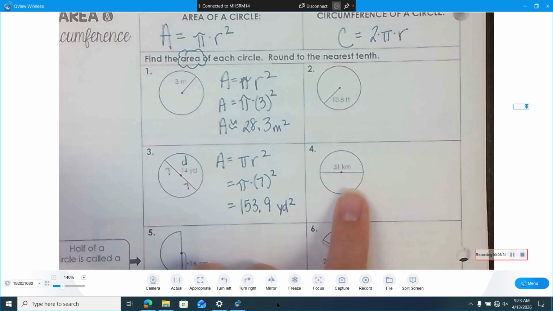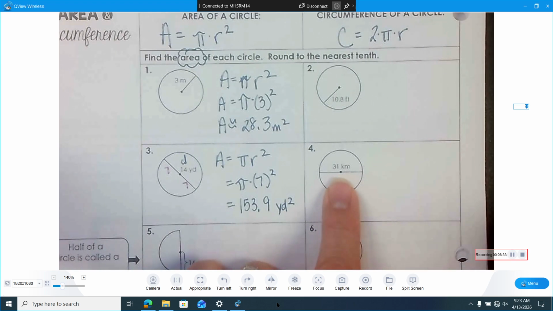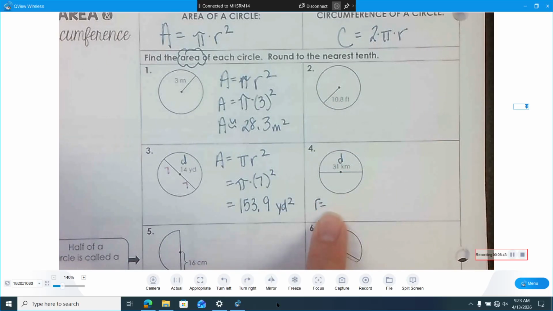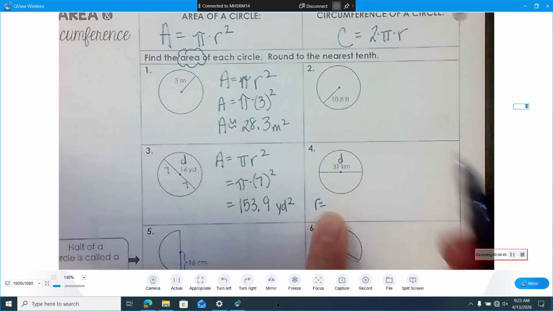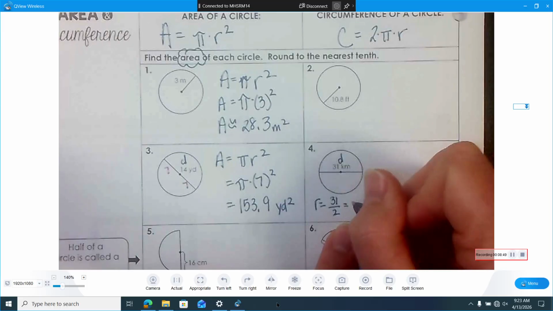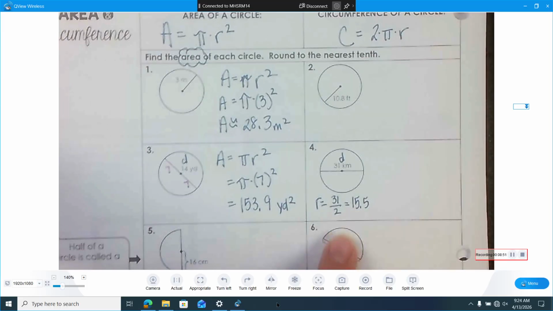What about number 4? Here, what is the 31 referring to? Diameter. Again, that's diameter. How are we going to figure out the radius? Cut it in half. Yeah, so we're going to do 31 divided by 2, and that gives me 15.5 for the radius.